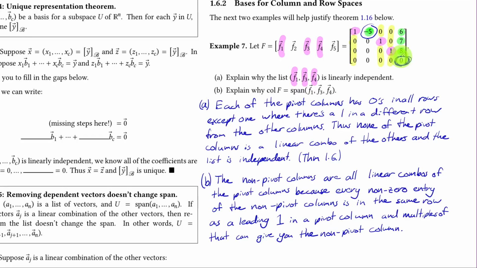So every non-zero entry that is not a pivot has a leftmost non-zero entry to the left of it somewhere in the same row.